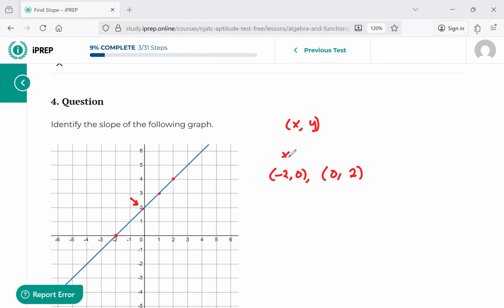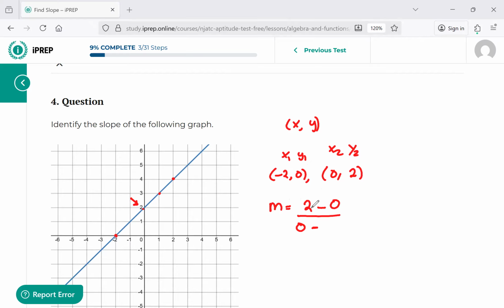Okay, so this is x1, y1, x2, y2. My slope is going to be y2, which is 2, minus my y1, which is 0. My x2 is 0, minus my x1, which is negative 2. So be careful.